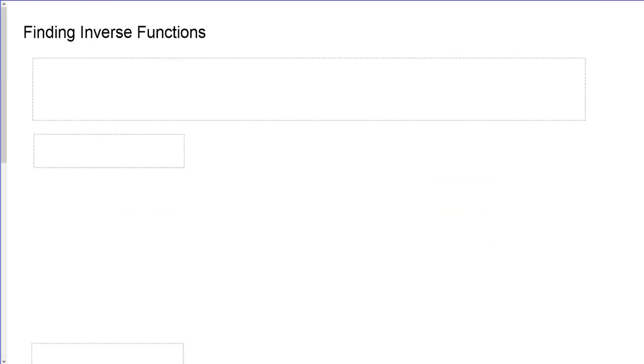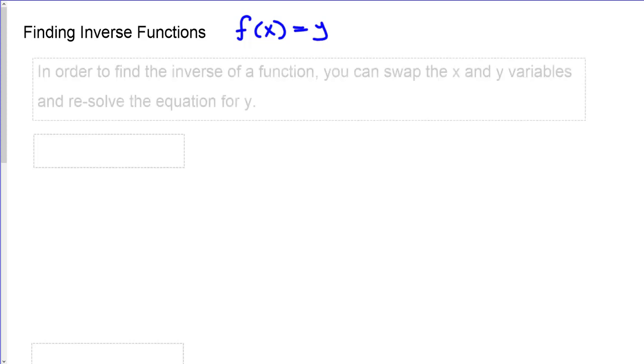Let's take a look at some more concrete examples where we're actually finding some inverse functions. One piece of information that I want to point out that will be useful is the rule that f of x is equal to y. So f of x and y are always interchangeable. That's how we define our graphing, on a two-dimensional plane.